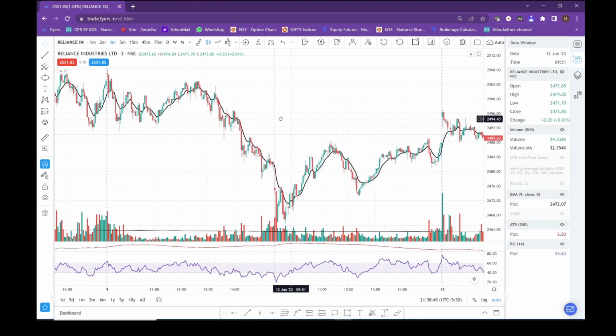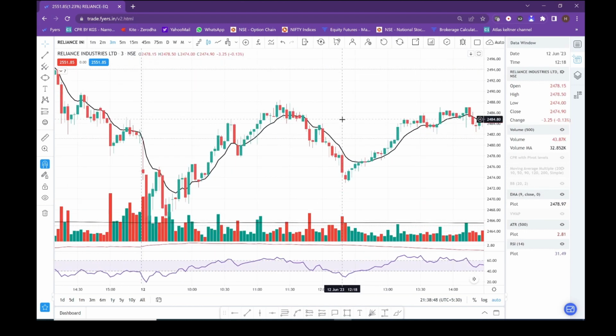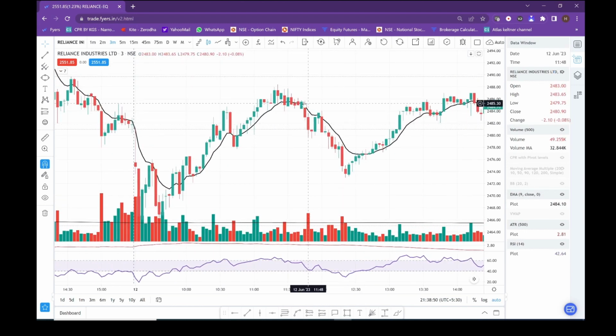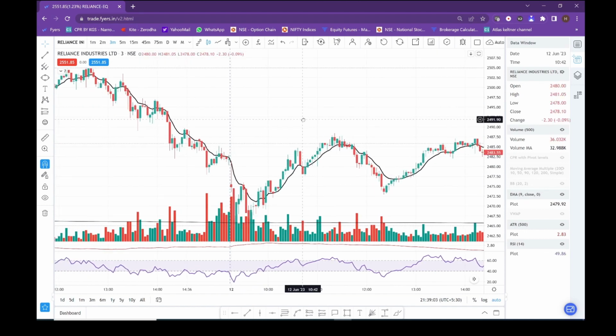See here, if we consider this as type 4 momentum candle, or this one with good volume, but we have some trading activities and we can see some support being formed at the bottom.